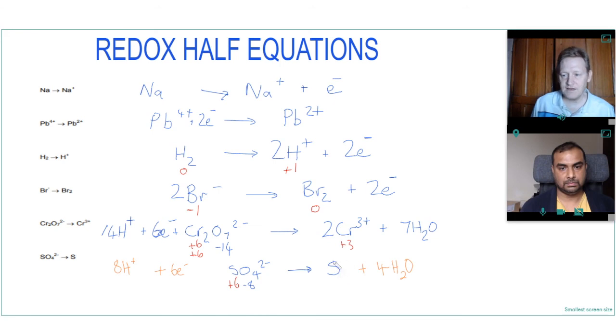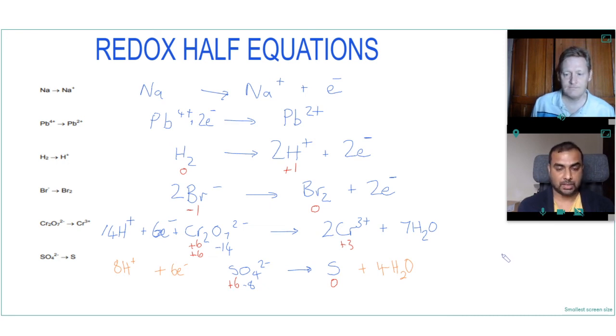And on the right-hand side, it's just an element, and that's 0. So what does that tell us has happened to the sulfur? So literally a reduction in the oxidation state, going from plus 6 to 0. So looks like a reduction to me. That's exactly what it is, and we can see that there's been a gain of electrons on the left-hand side, so that would confirm the reduction as well.